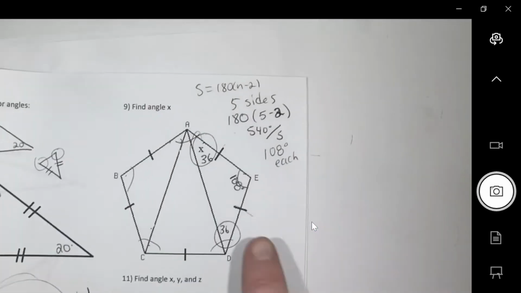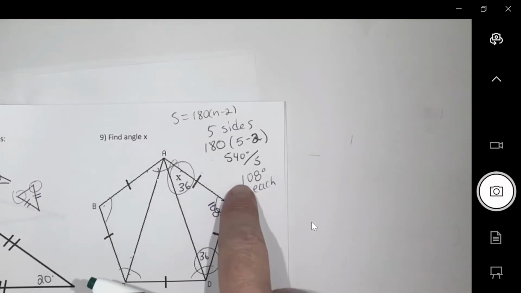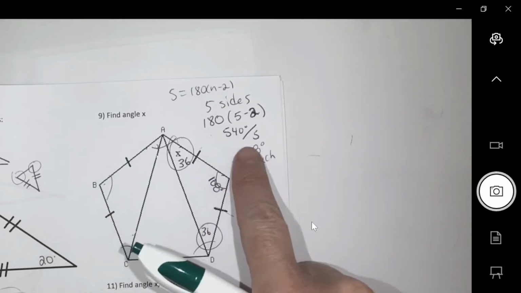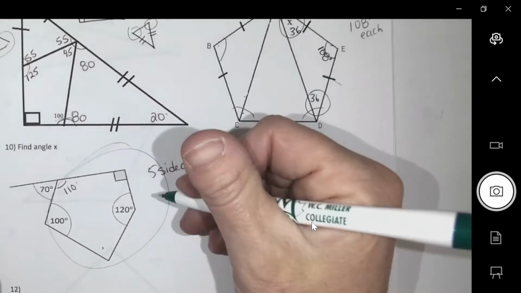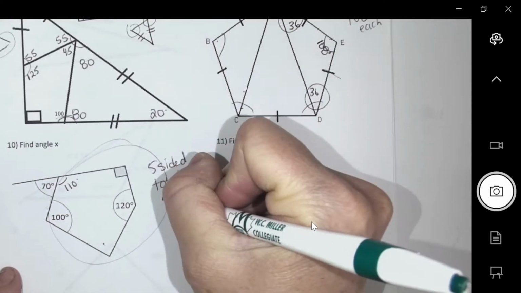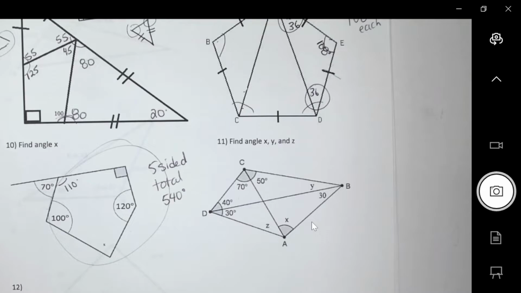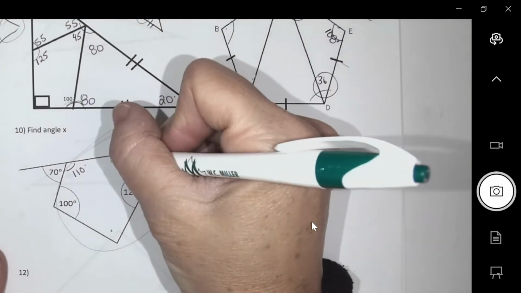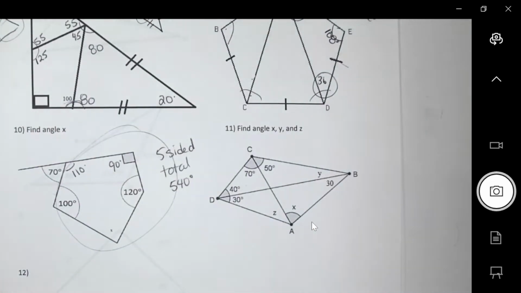So we actually just did this one, right? So the total, we need 540 degrees inside. Okay, and this symbol means in this corner, there's 90.